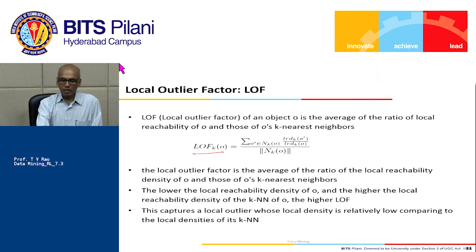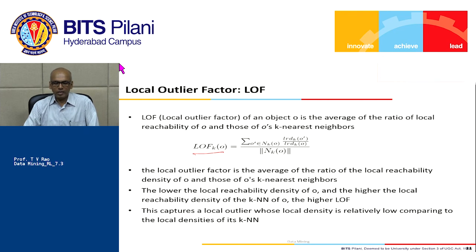So if all the k objects within that neighborhood have almost the same level of density as the object of reference, then the outlier factor is going to come out small. It is going to be about 1 if it is the same.